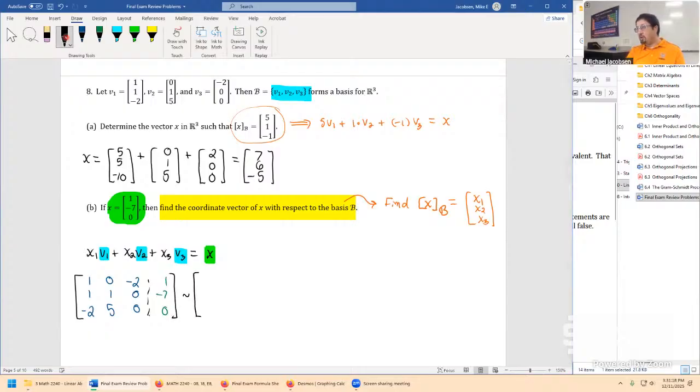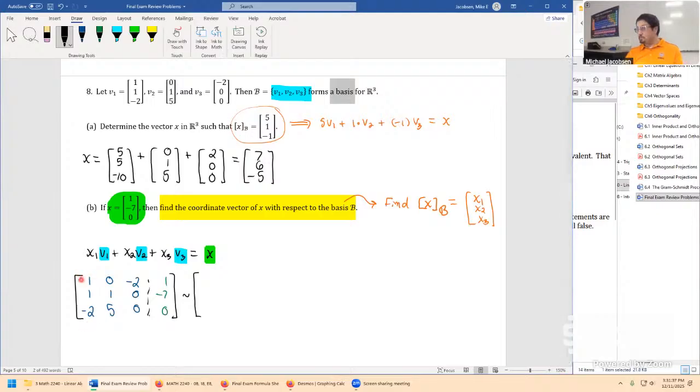And it's a longer row reduction this time, because remember we were told v1, v2, v3 form a basis. That means there's going to be a pivot in every column along the main diagonal, and we need row reduced echelon form, eliminating entries below and above every one of those pivots.